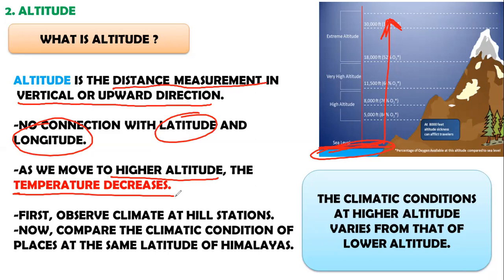Now, as we go upwards, the amount of air decreases, and so the amount of carbon dioxide decreases as well. And when the amount of carbon dioxide decreases in a particular place, the temperature decreases as well.